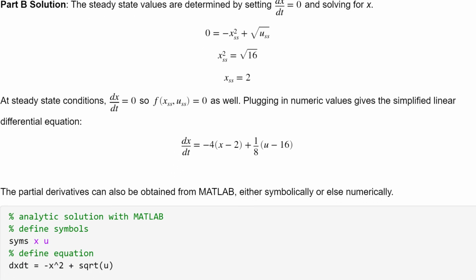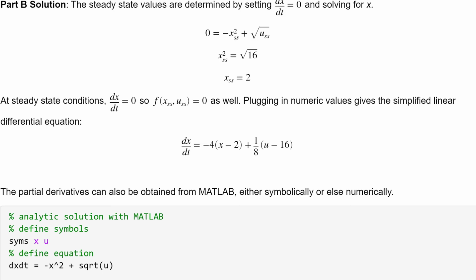Then we want to plug in our differences and simplify our differential equation. And mainly that just means plugging in our x steady state is equal to 2. And that simplifies to dx dt is equal to negative 4 times x minus 2 plus 1/8 times u minus 16.